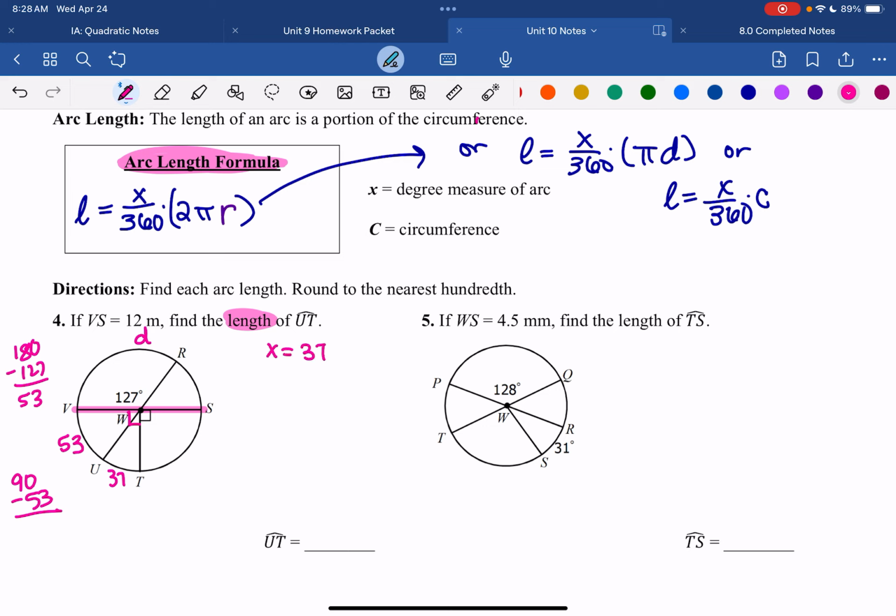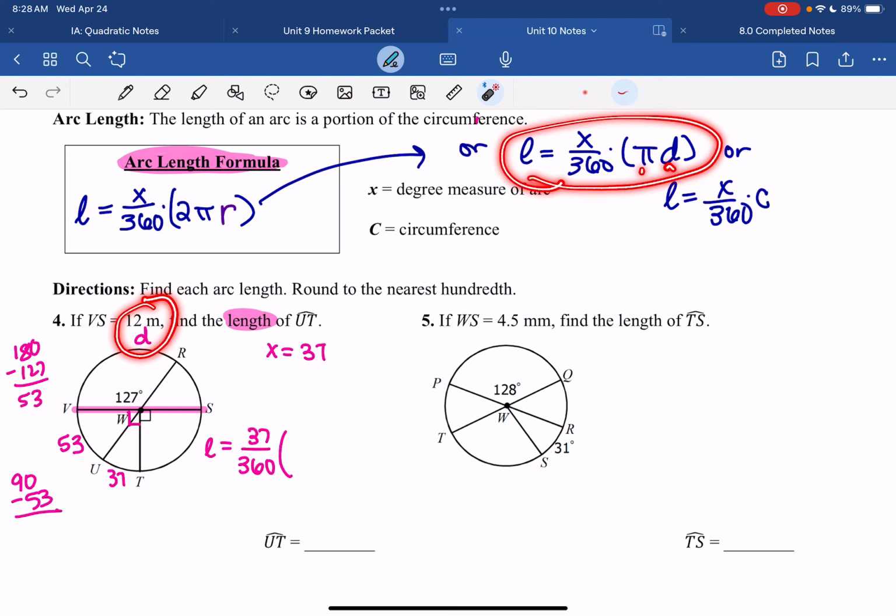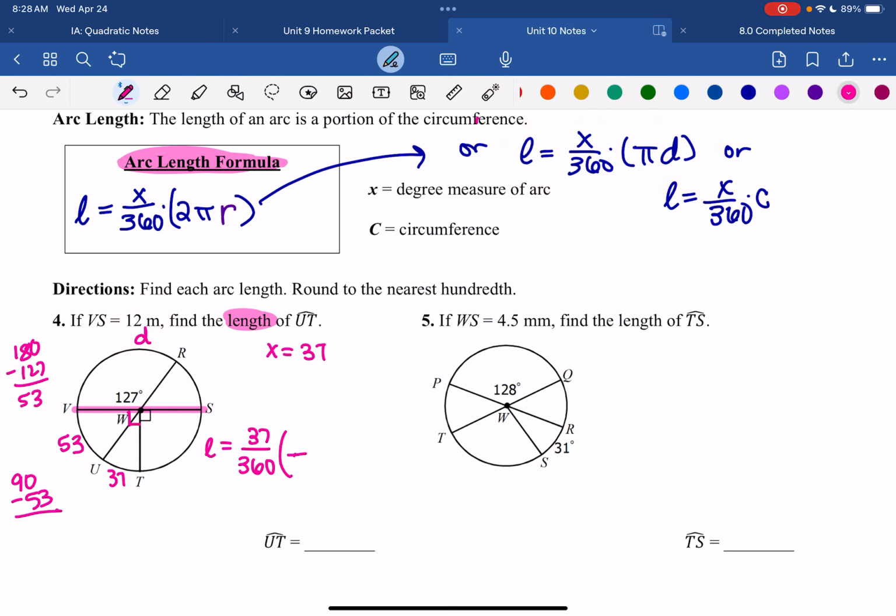So that 37 is our X in the formula. That's that degree. So our arc length is going to be 37 over 360 times, well, we have the diameter, so I'm going to use this formula. So just pi diameter times pi 12.